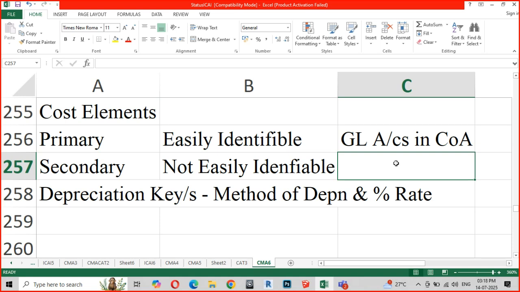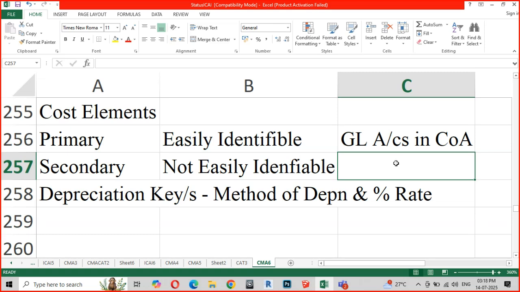This concept of depreciation key: the depreciation key has lots of other information, like are you subjecting the asset to shift working? Is it working in 2 shifts? Is it working in 3 shifts? Is it working in only 1 shift?